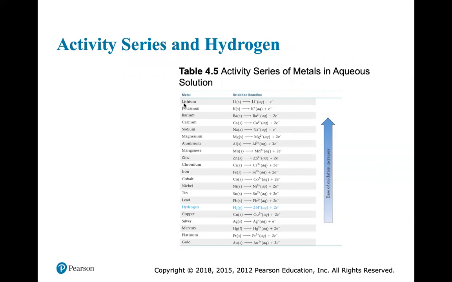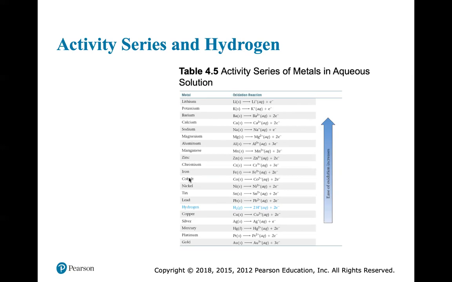So the one at the top here loses electrons easily compared to this one. Gold and platinum are non-reactive, right? They don't lose electrons. So the one at the top can easily lose its valence electron, and we're gonna talk about that, but let's just say electron. The ease at which it loses, this is ranked.